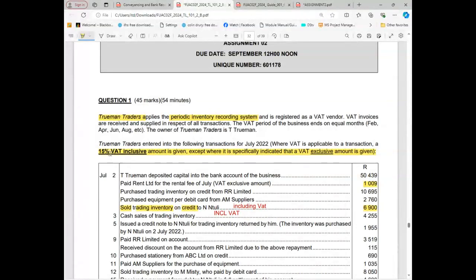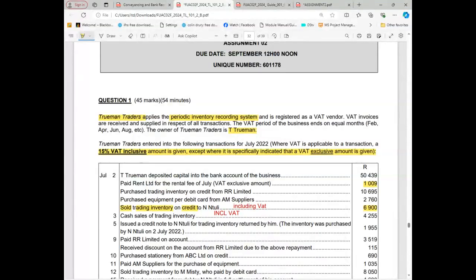And the VAT invoices are received and supplied in respect of all transactions. The VAT period of the business ends on equal months. They're just telling us. And the owner is Truman, the owner of this business. So it is important for us to read the information.